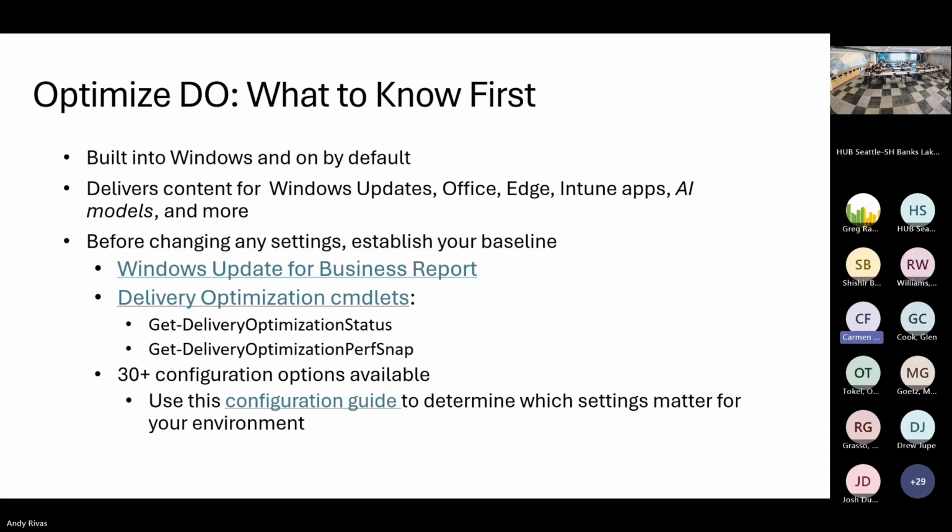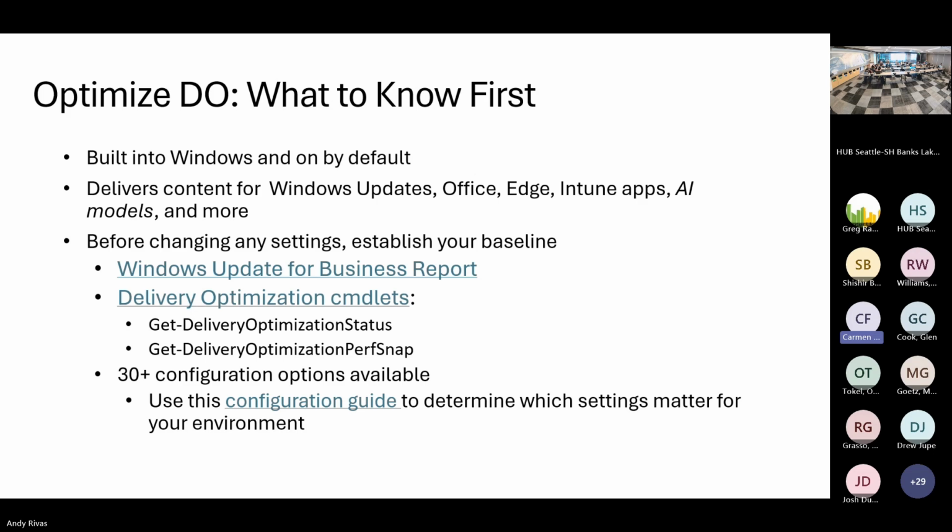That's where I would point you to the Windows Update for Business report that we have available. And I put a link there. I'm assuming this deck will be shared or can be shared. If not, I can provide links. But that's our primary way of monitoring the kind of results that you're getting for your environment.